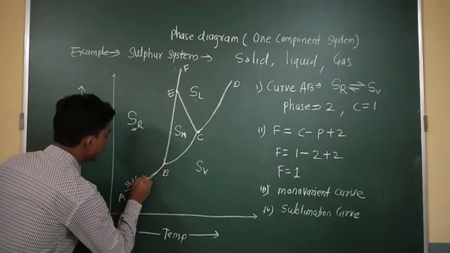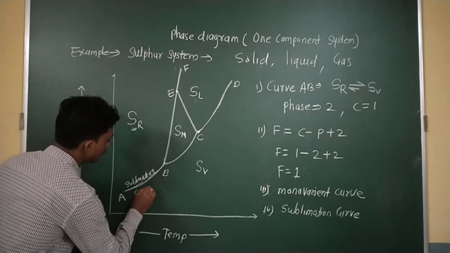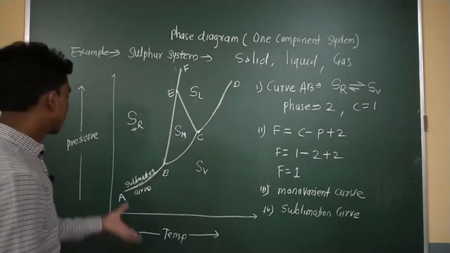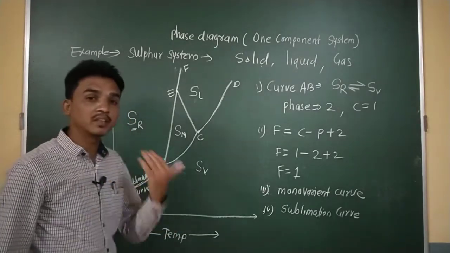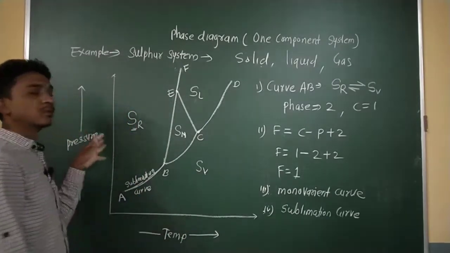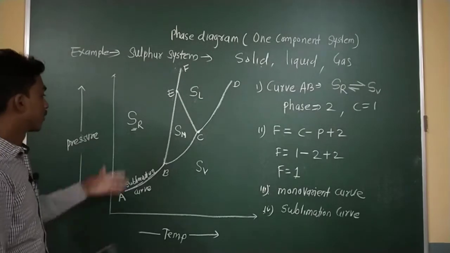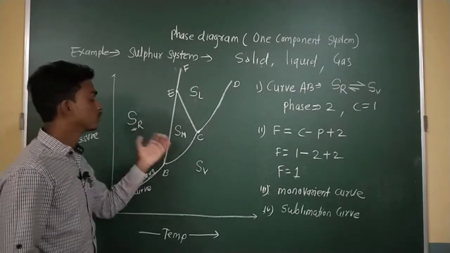You have to write all these things in your notebook, because these curves are very important. Using these curves you can predict what happens when I change the temperature or the pressure: whether sulfur is in liquid form, vapor form, or monoclinic form.